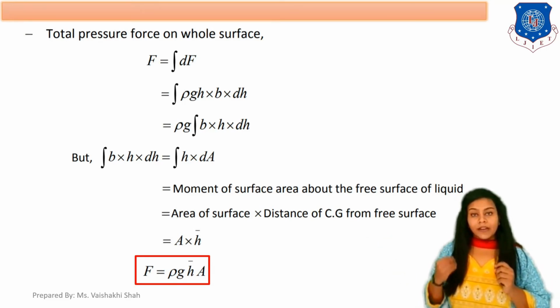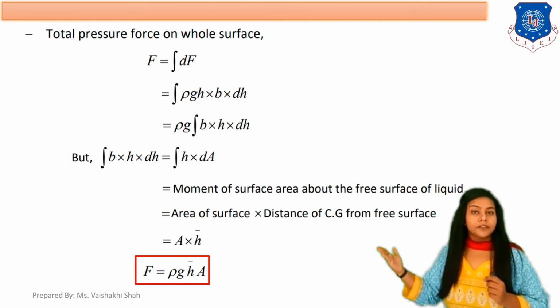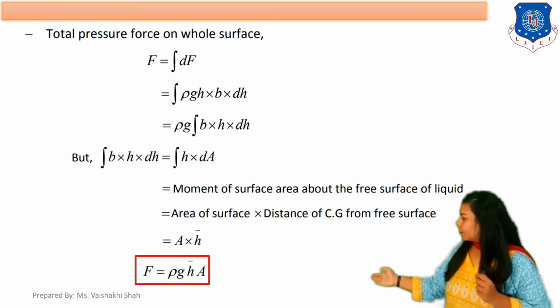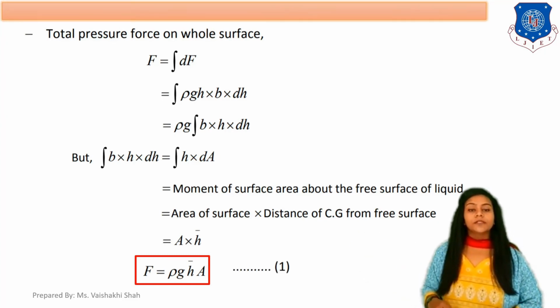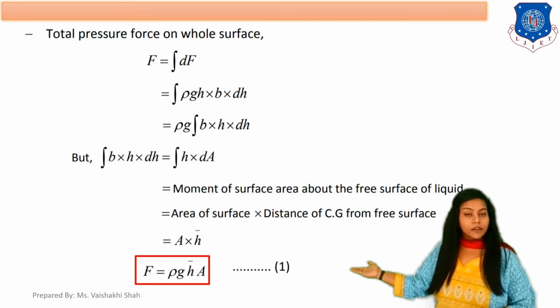So we find the equation for the total pressure force, F equals rho g h bar into A. This is your equation number 1.